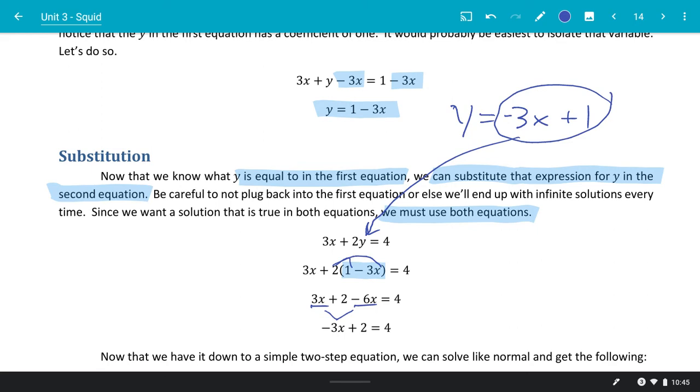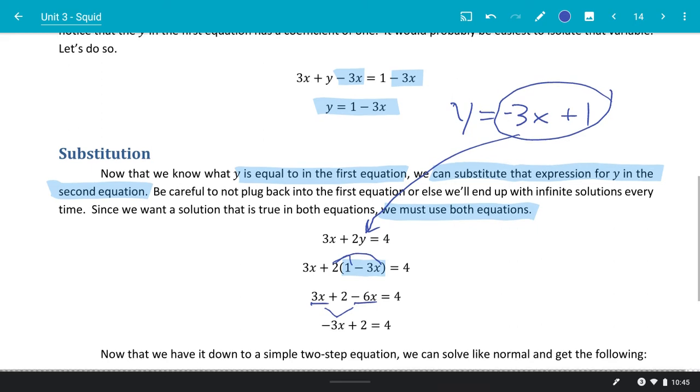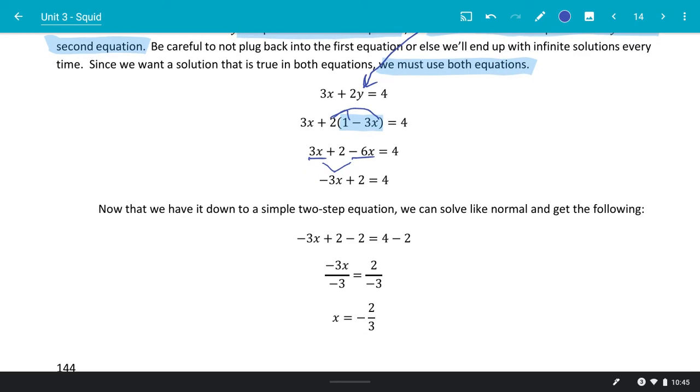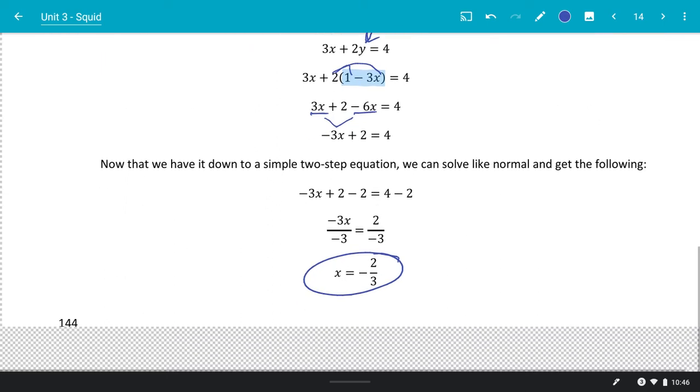Right? And now we have down to one variable. So they will subtract 2 from both sides, and then divide by negative 3. So x equals negative 2/3. Now, I know you may not like the fraction, but so be it.